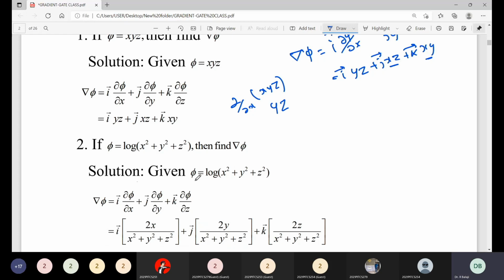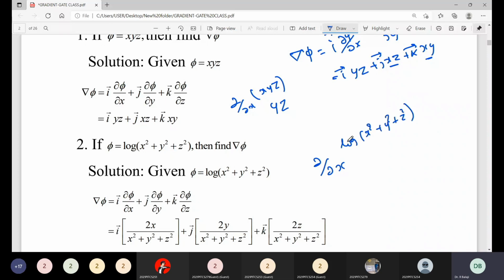Solution: given φ equals log of (x² plus y² plus z²), del φ is equal to i ∂φ/∂x plus j ∂φ/∂y plus k ∂φ/∂z. Now ∂/∂x of log of (x² plus y² plus z²).